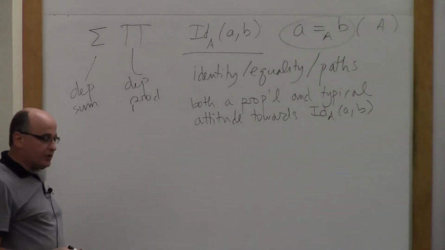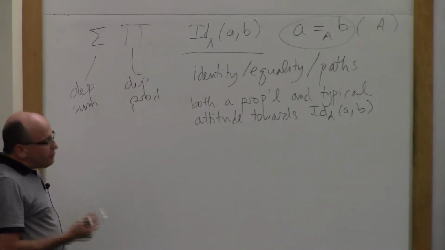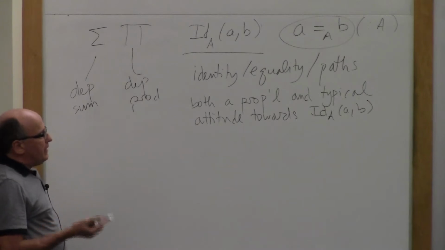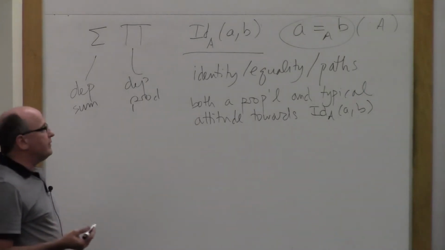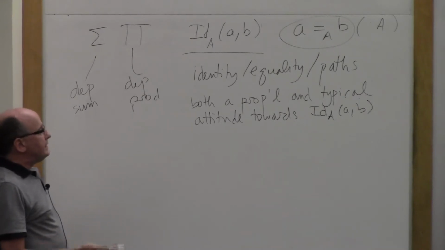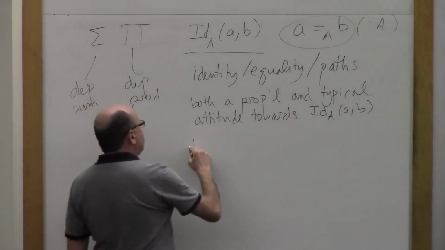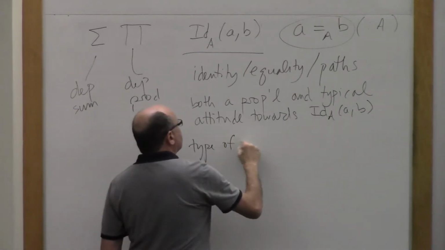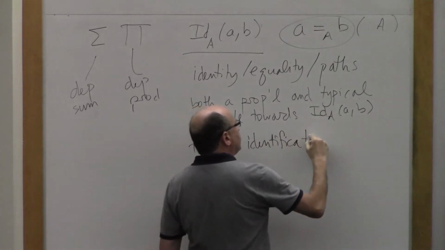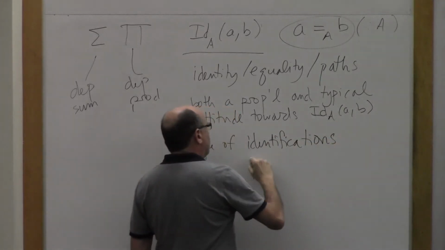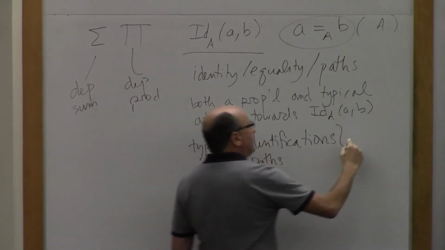It is a notion of equality, but it's a notion of equality which exploits very critically the notion of proof relevance, because we're going to think of this as the type of identifications I talked to you about before. So we can think of this as the type of identifications, or as I will shortly explain, the idea of paths in a space. So identifications or paths in a type or a space in a type.